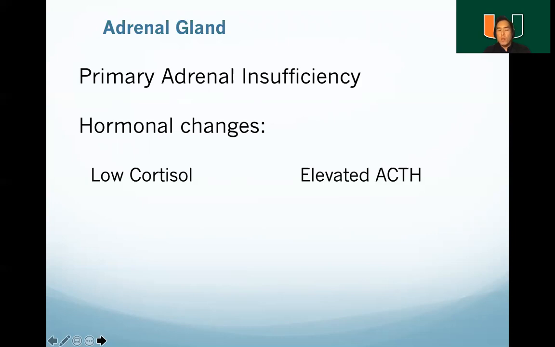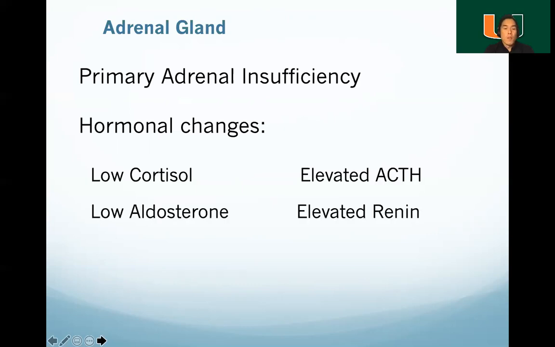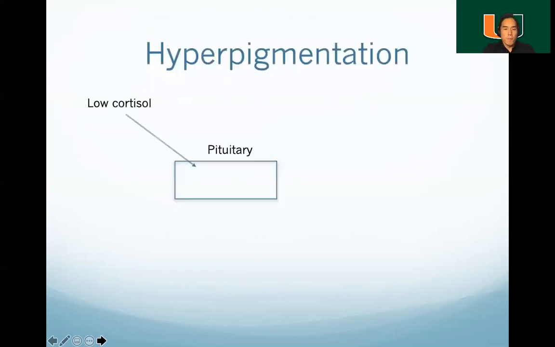So the typical laboratory finding is you're going to see low cortisol with elevated ACTH. And when I'm talking about elevated, it's in the thousands. Now you also remember, the adrenal gland doesn't make enough aldosterone. What would happen? So you see an elevated plasma renin activity, right?